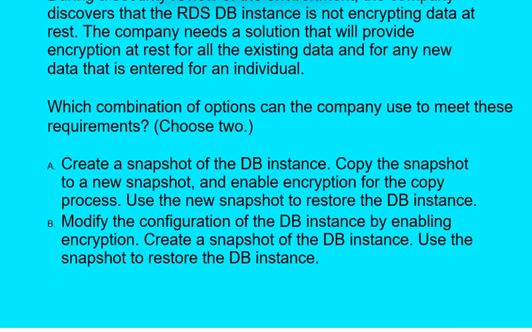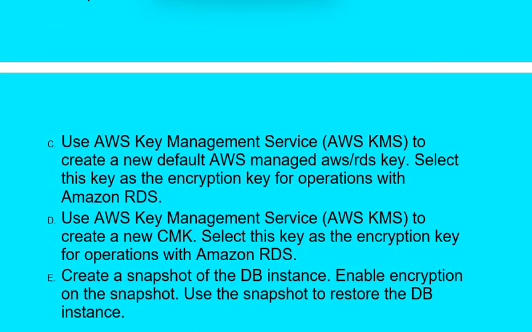Option B, modify the configuration of the DB instance by enabling encryption. Create a snapshot of the DB instance. Use the snapshot to restore the DB instance. Option C, use AWS Key Management Service (AWS KMS) to create a new default AWS managed RDS key.